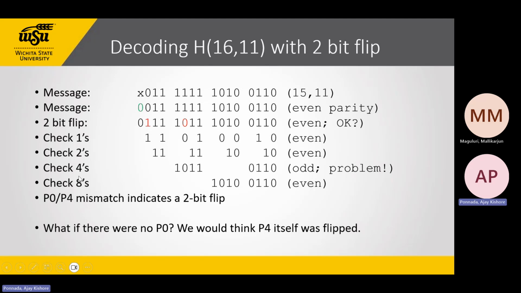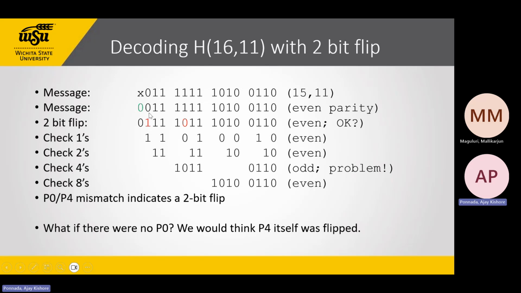In general, we'd think P4 was flipped, so we'd count 1, 2, 3, 4 and flip it. But instead, we have an overall parity check bit. What if there was no P0? We would think P4 itself was flipped. So a P0 and P4 mismatch indicates a 2-bit flip.